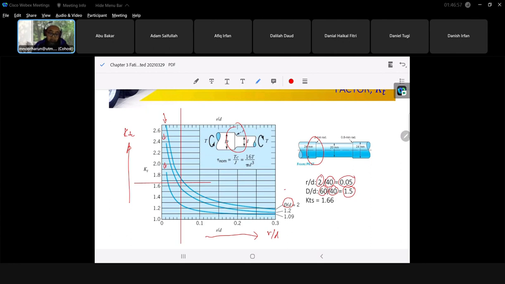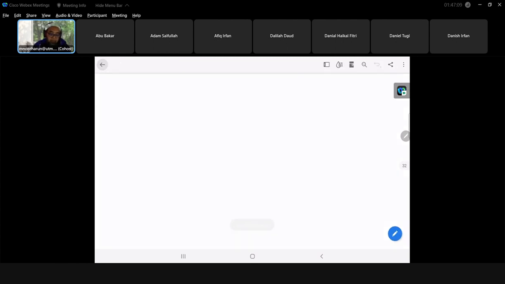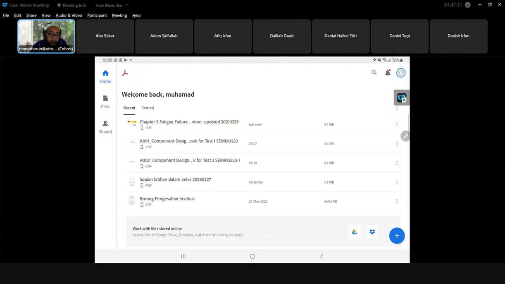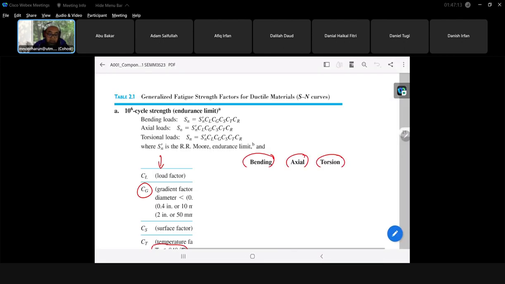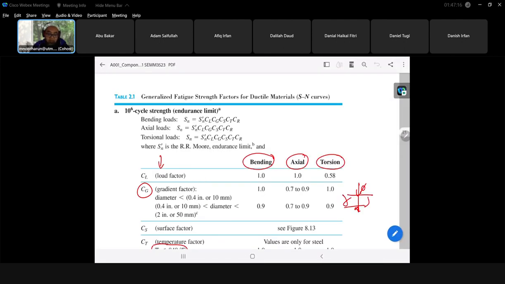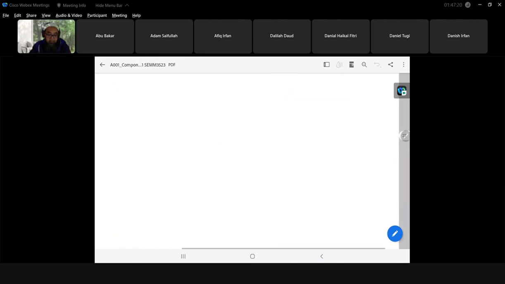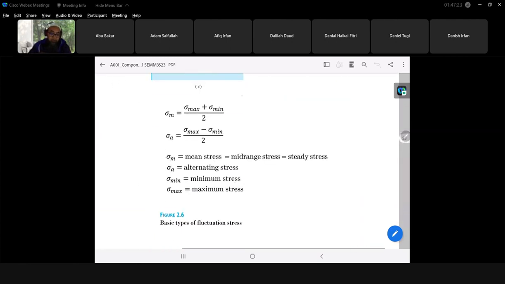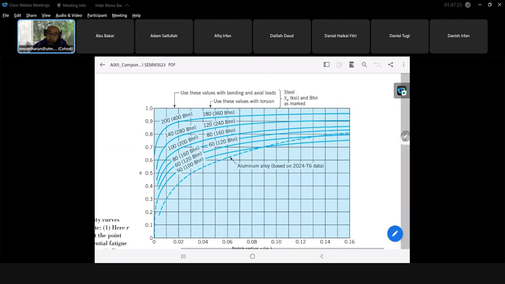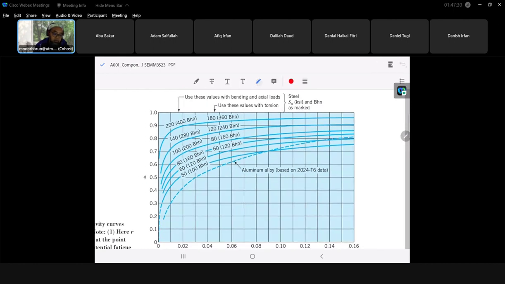You see that this is due to torsion. It also has axial and bending. I will show you the real graph. This is Q.